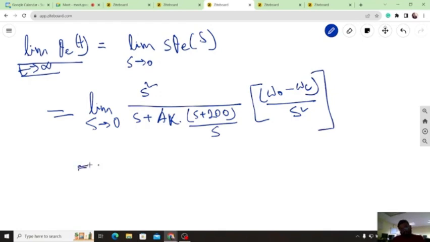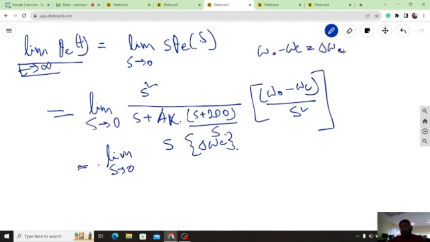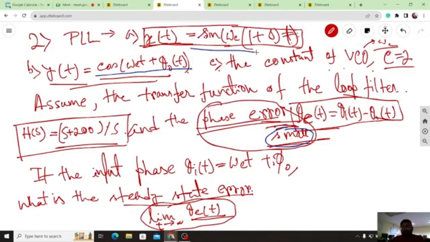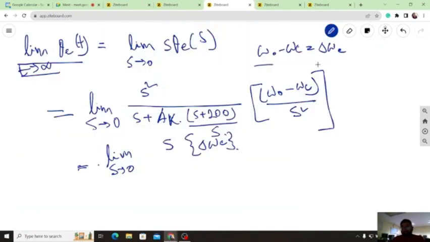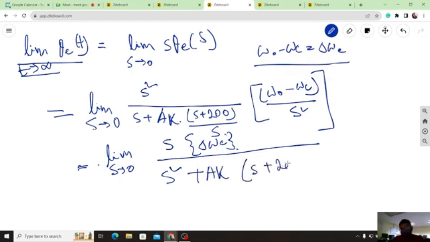So this is limit s tends to 0 of s into del omega c. Why del omega c? Because omega 0 minus omega c is equal to del omega c from this input relationship. By a square plus ak into s plus 200, and that is equal to 0. This is the answer.